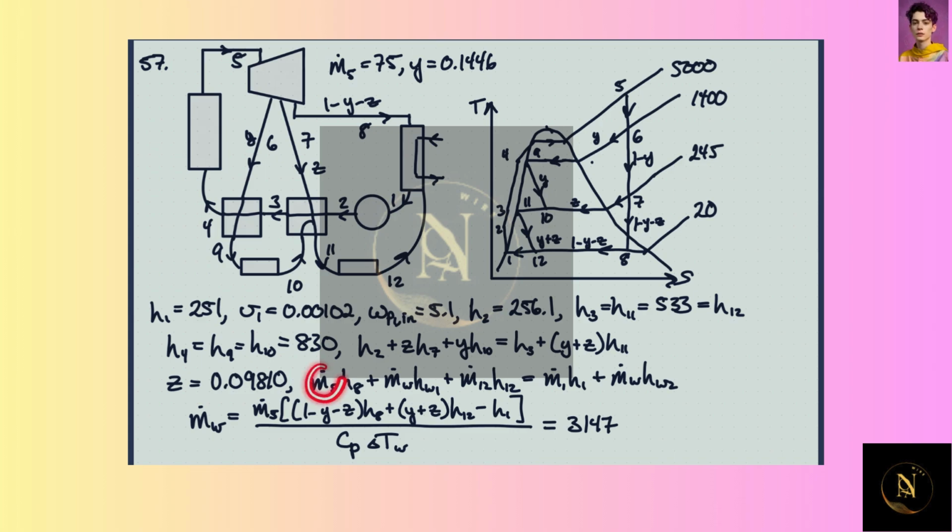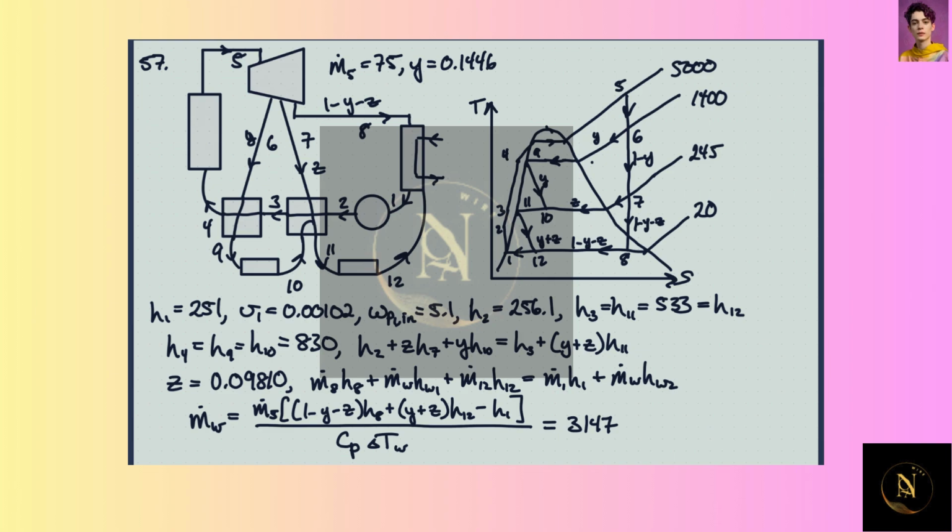So, m dot 8 is, where is 8 here? So it's m dot 5 times 1 minus y minus z. Okay. M dot 12 winds up being y plus z times m dot 5.